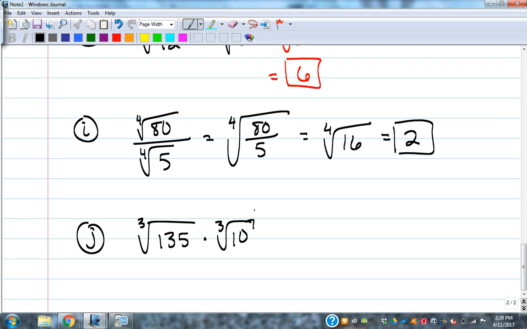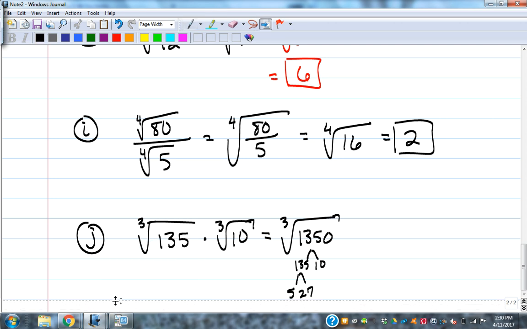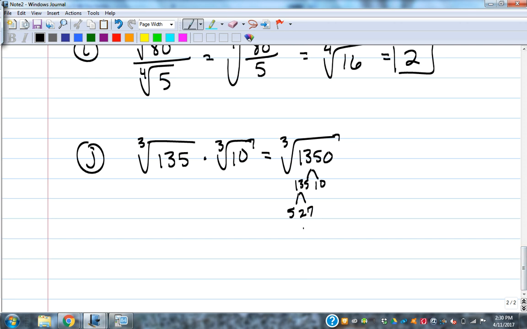Cube root of 135 times the cube root of 10. All right, good. Now we've got to see if we can simplify that. So that's 135 and 10. 135 would be 5 and 27, and 27 breaks down to 9 and 3, 3 and 3. 10 is 5 and 2.